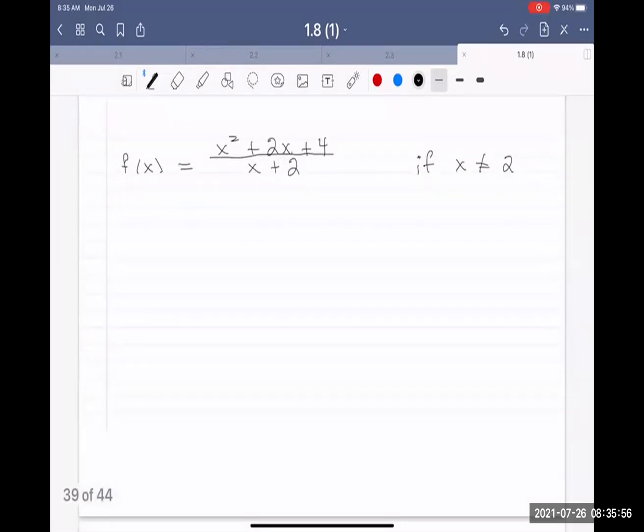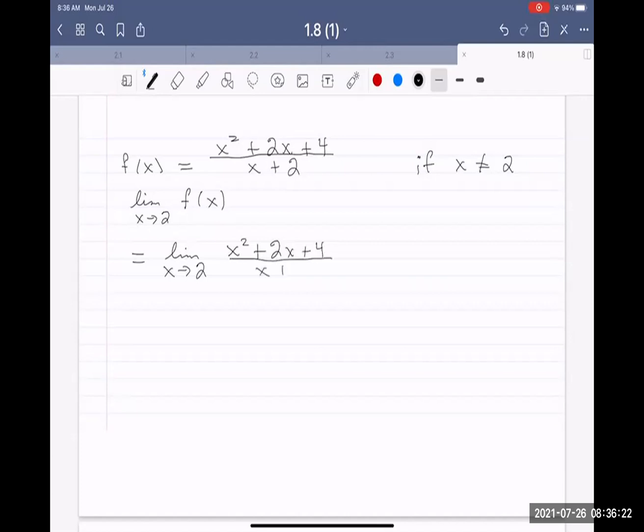So notice the limit as x approaches 2 of f of x is equal to the limit as x approaches 2 of the above function, which is just 3. 4 plus 4 plus 4 is 12. 2 plus 2 is 4. 12 divided by 4 is 3.